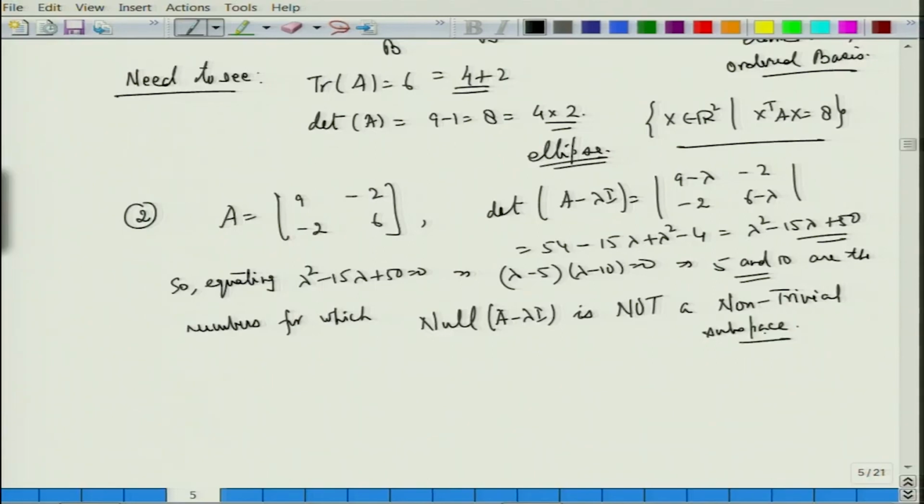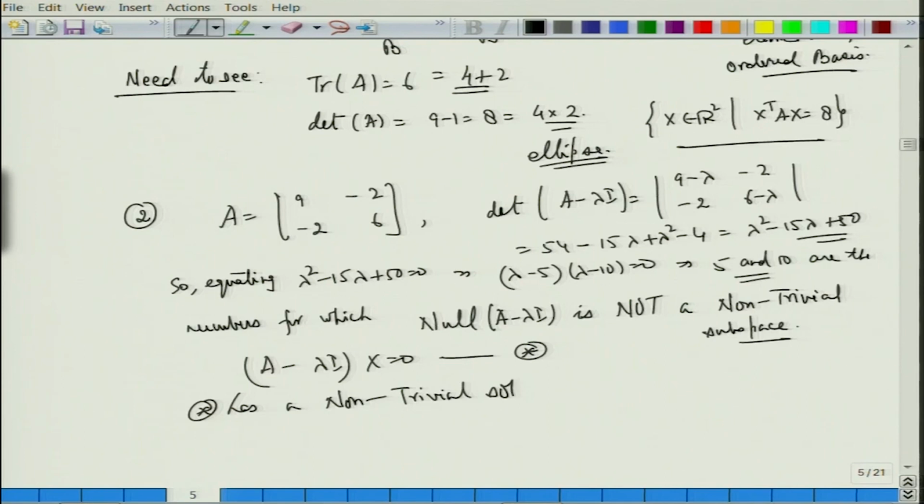Or, if you want to say it another way, what we had looked at is that (A minus lambda I)x equal to 0, call this star, has a non-trivial solution if and only if lambda is equal to 5 or 10. These are the only two choices for which star will have a non-trivial solution, otherwise it will have only the trivial solution.